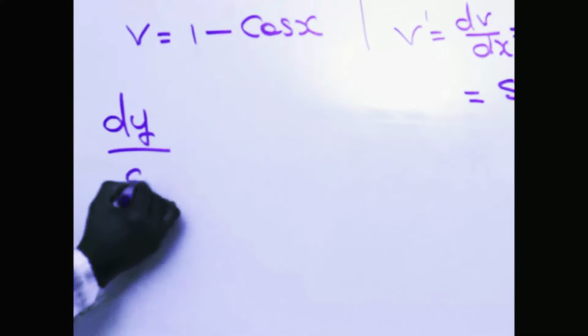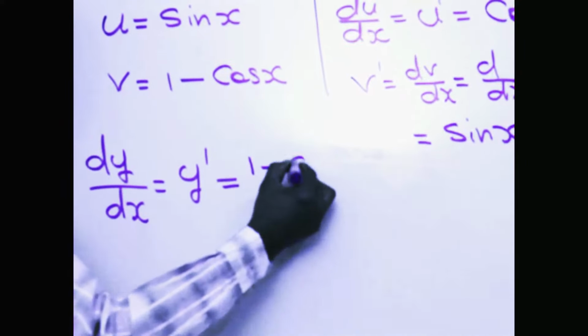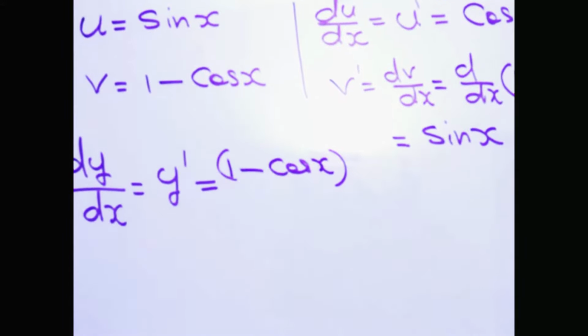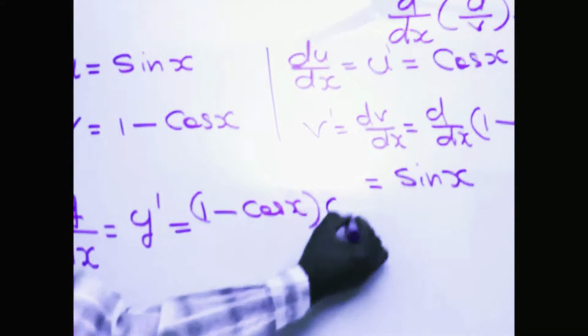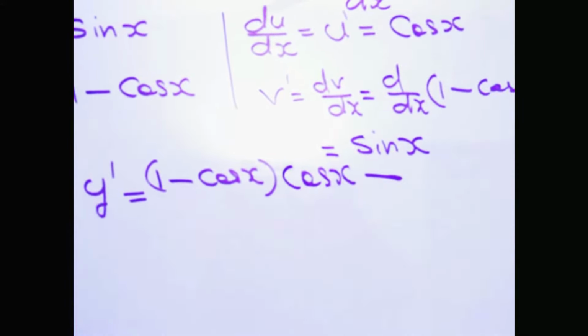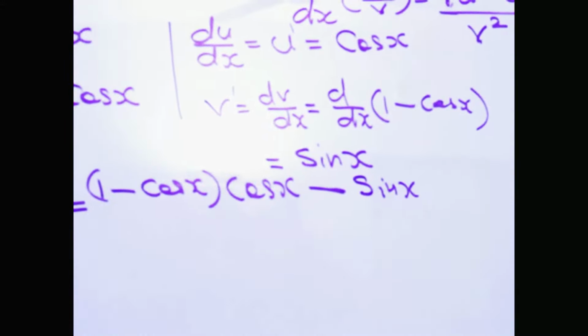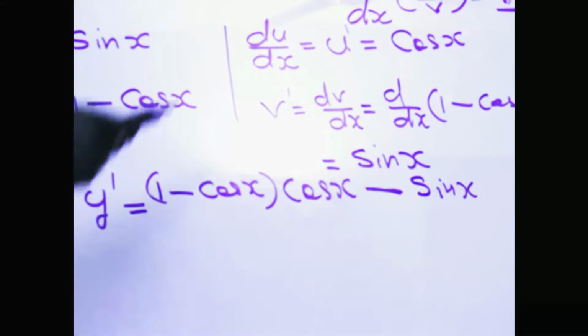So dy by dx, or y dash, equals v u dash, where v is 1 minus cos x in brackets, and u dash is cos x, minus u v dash, where u is sin x and v dash is sin x, multiplied by sin x.